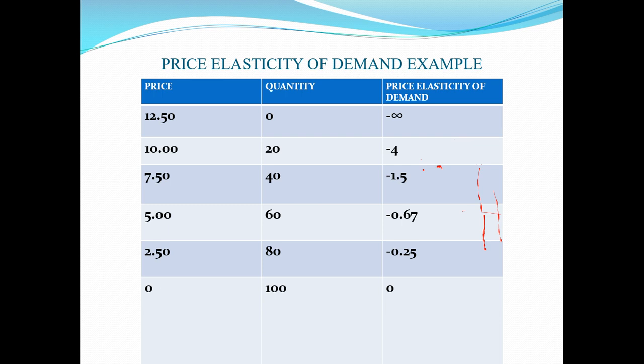No wonder it's just going to infinity. The price is just too high. So at this particular price, elasticity is going to be infinity. Okay, the price is too high, so practically the quantity that is going to be demanded is 0.